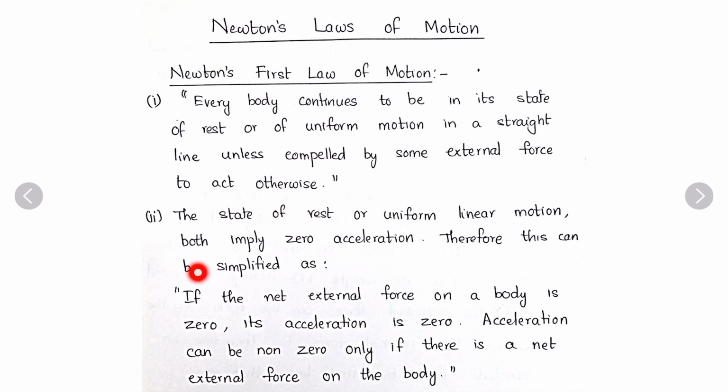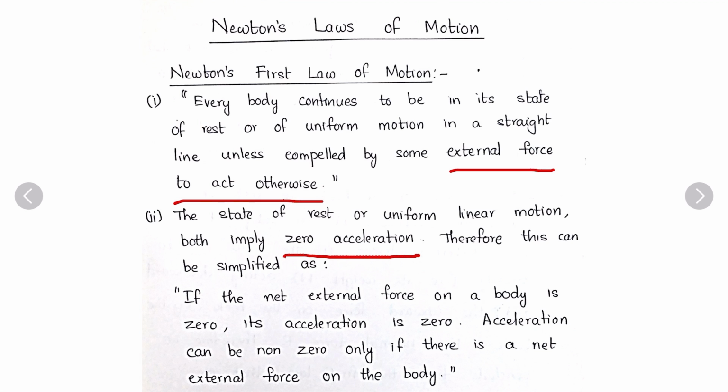Or else we can also say it with another statement: the state of rest or uniform linear motion both imply zero acceleration. That means they cannot produce acceleration on their own unless some external force acts on the body.